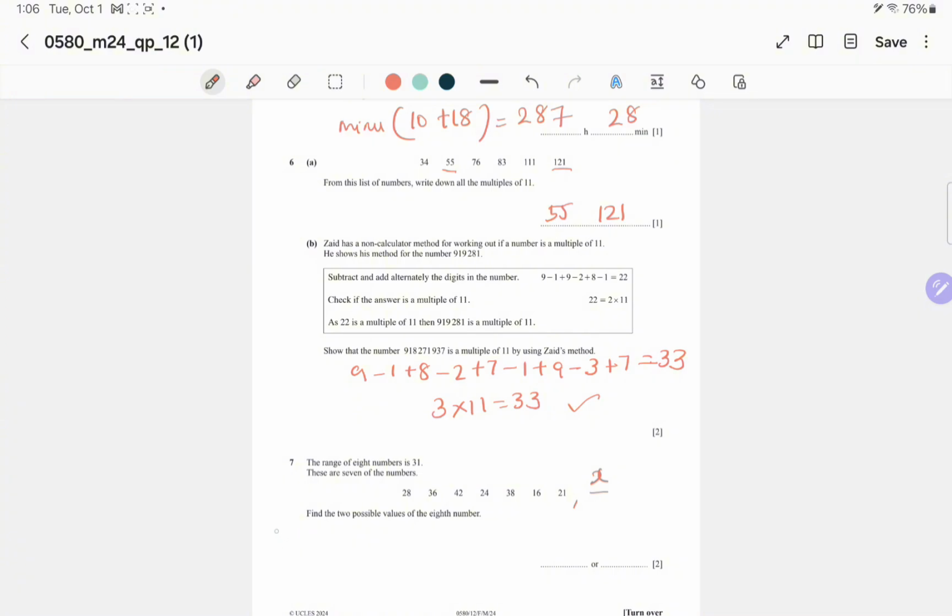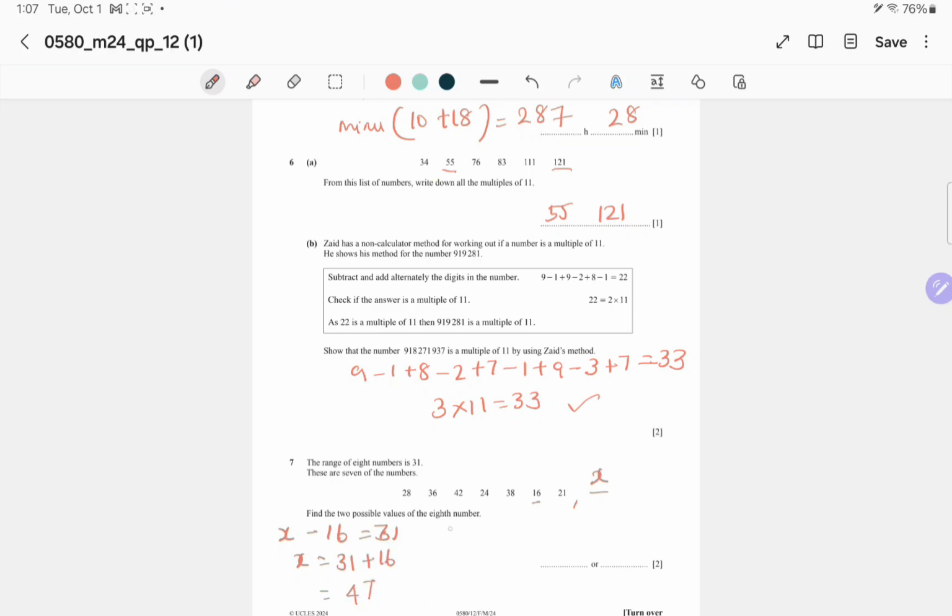Okay, so one method is x, the last 8th number x, and the range is given. So x, the smallest number we will take, x minus 16 is equal to 31. So x is equal to 31 plus 16, which is equal to 47.